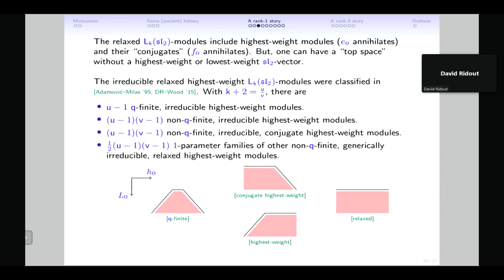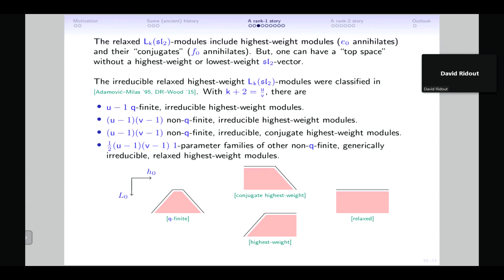But as was found in the classification, there's actually a continuous family of these irreducible relaxed highest weight modules. And so, in fact, there is a finite number of one parameter families. Right? So these families are indexed by a complex number. So that's one parameter, sort of one continuum, and then a finite number of those.